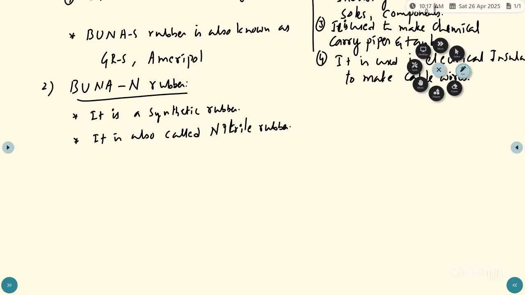It can be synthesized by addition copolymerization. So this is the introduction of the Buna-N rubber.